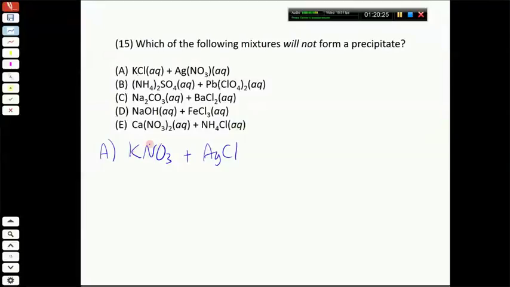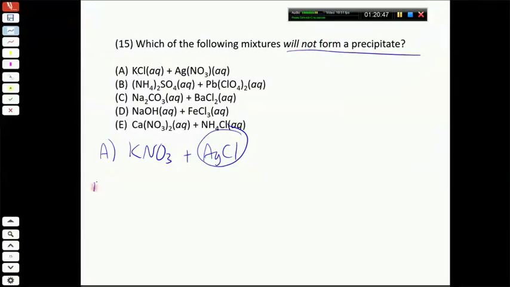Anything with nitrate is also soluble. So this one won't precipitate, but silver chloride is one of our insoluble chloride salts. Remember, chloride salts of silver, mercury, lead, and copper one are all going to be insoluble. So this one forms a precipitate. So we're looking for the one that will not form.